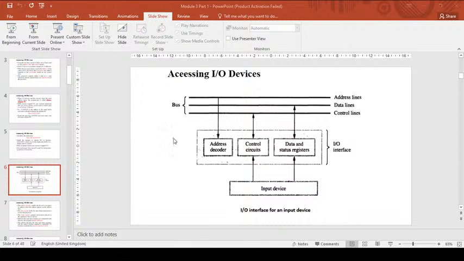You have the address decoder, control circuit, and data and status registers.